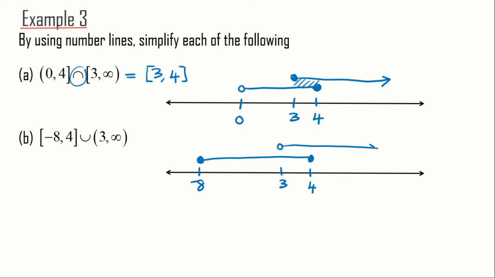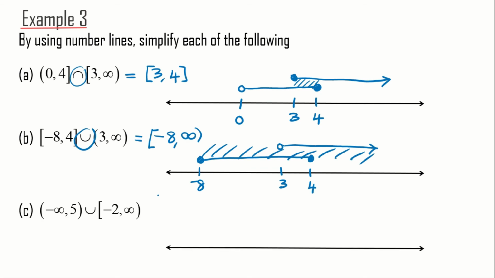But now our 3 here is an open interval. So we are looking for the union. Union is basically everything that has a line. So the union of the two intervals is from negative 8 until infinity. Negative 8 here is closed, so square bracket, and infinity gets a round bracket.